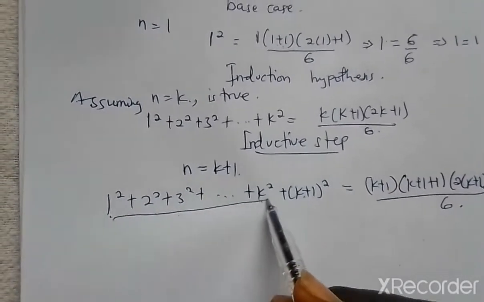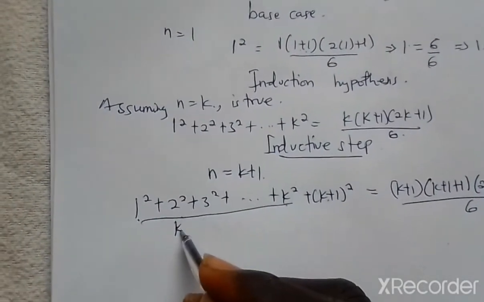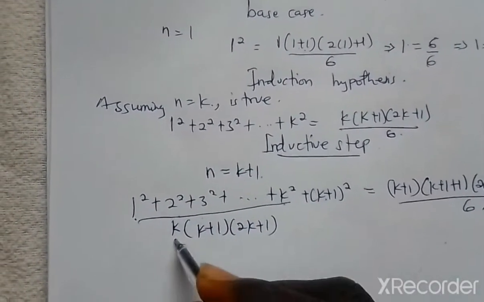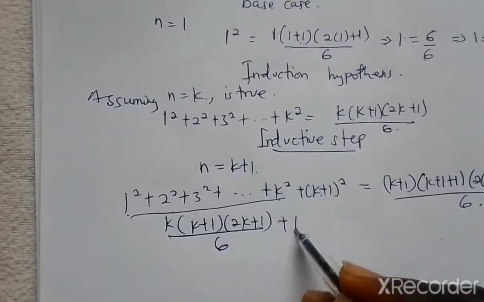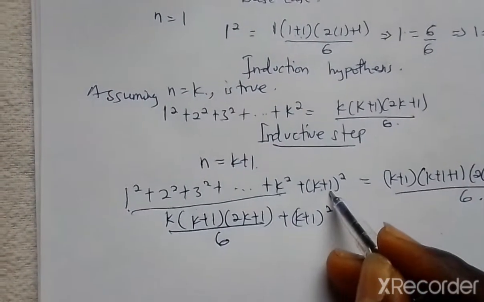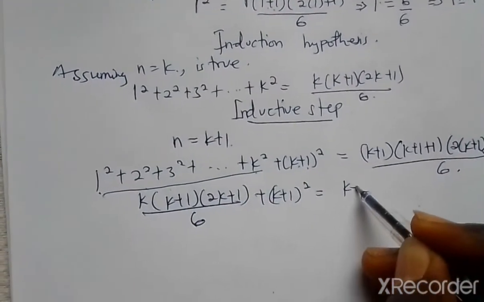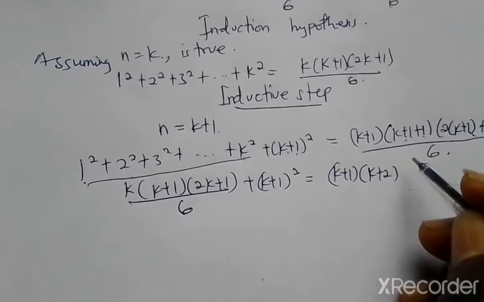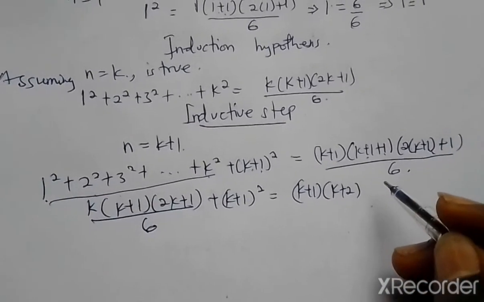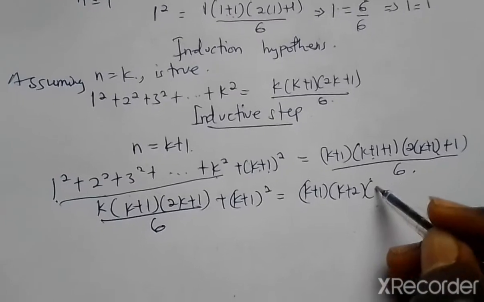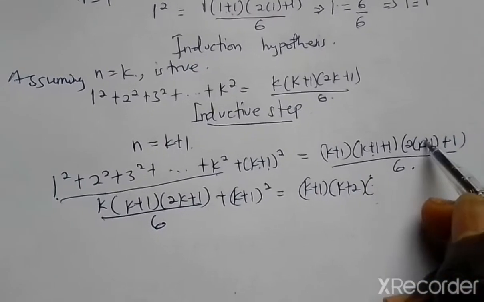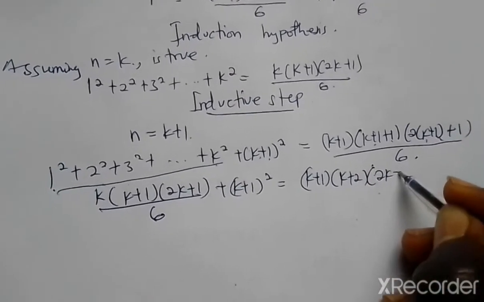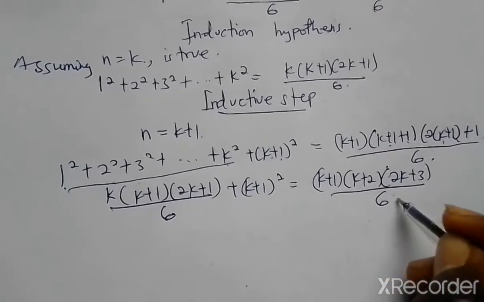So this whole part will be replaced by k open bracket k plus 1, then 2k plus 1, all over 6, plus k plus 1 all squared, should be equal to k plus 1 multiplying k plus 2, and also multiplying 2k plus 2 plus 1, so 2k plus 3, all over 6.